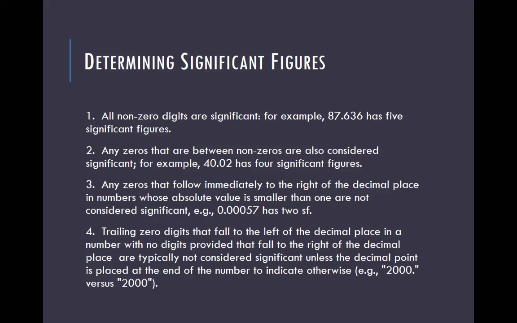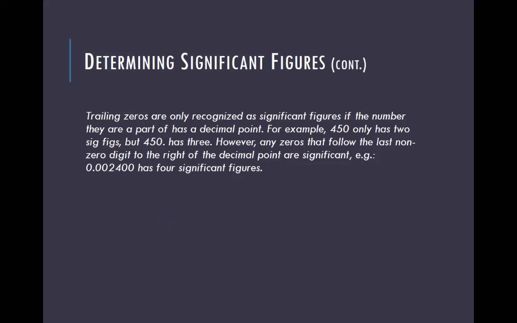The 2 will always be significant because it's a non-zero number. Trailing zeros are only recognized as significant figures if the number they are part of has a decimal point. For example, 450 has only 2 sig figs because there's no decimal after the 0, but 450 with a decimal has 3. We count the 0.